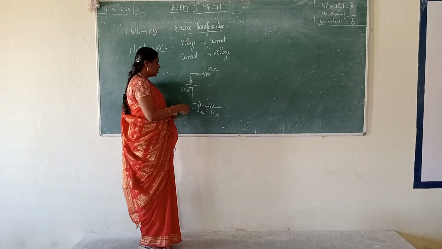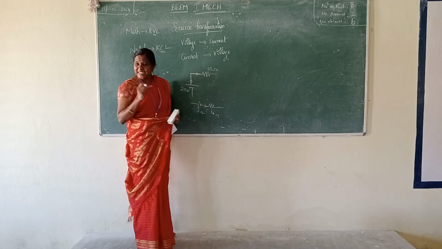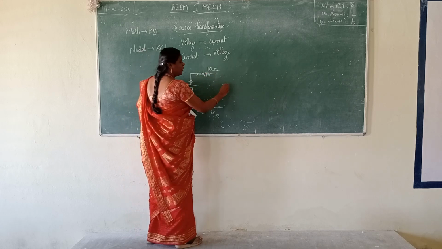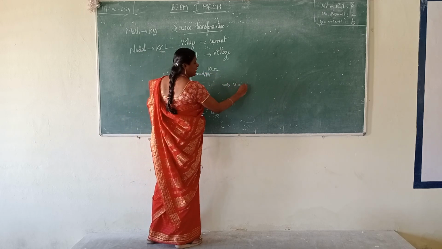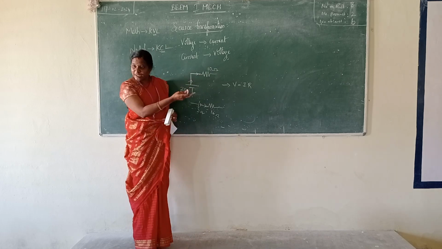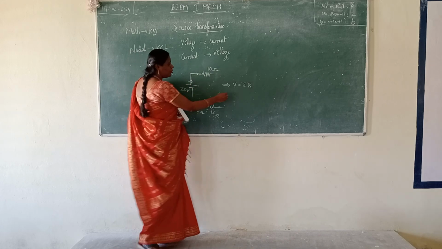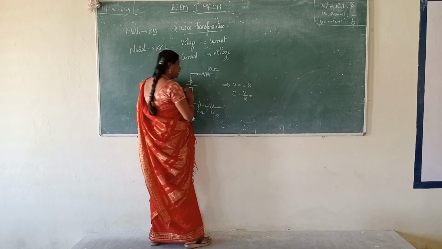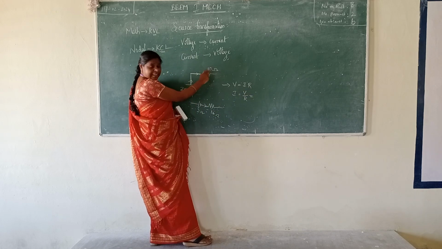For source transformation, I should have a voltage source with a series resistor. If that is the case, I should convert it using V is equal to I into R. I should convert the voltage source into a current source. So what is I? V by R. V is 20, R is 10.